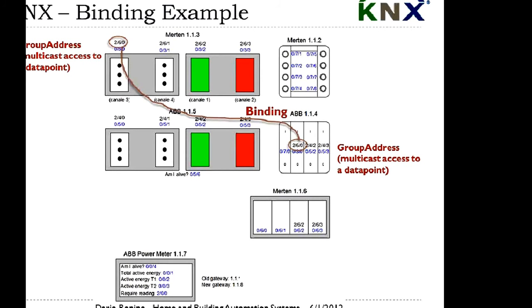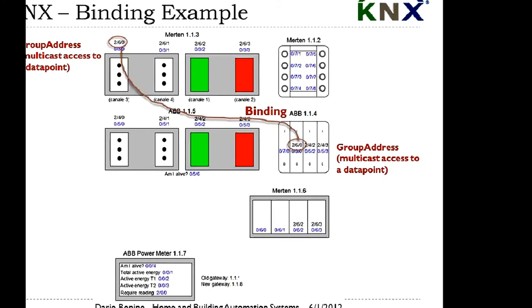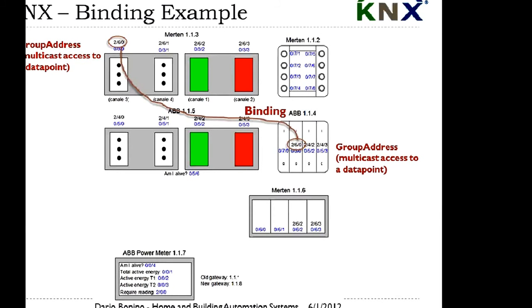We can bind this device to another multicast group, which is not existing on the network. So what happens is that the message travels on the network and passes through the gateways. If we are connecting to the gateway, then we can listen to this multicast group. We can mimic in some way a data point and get the information.